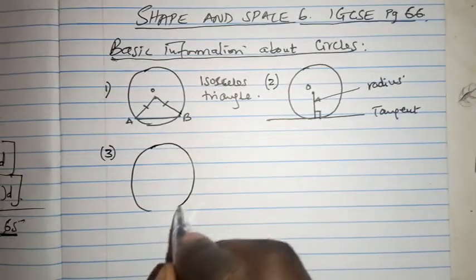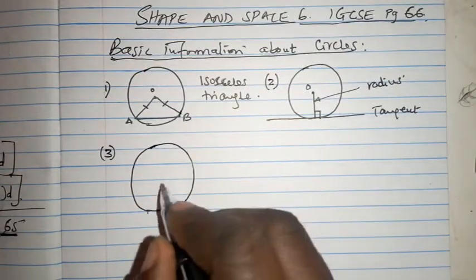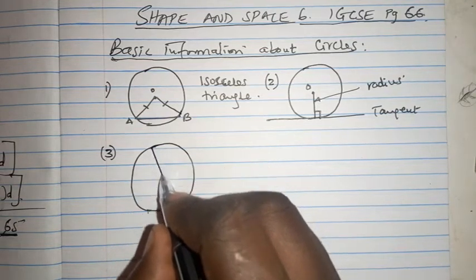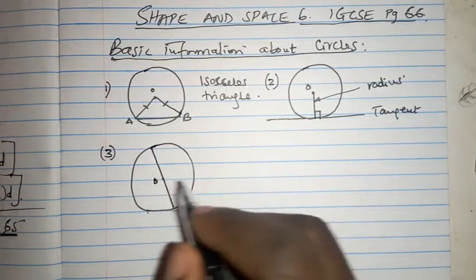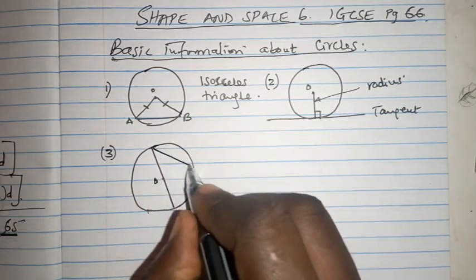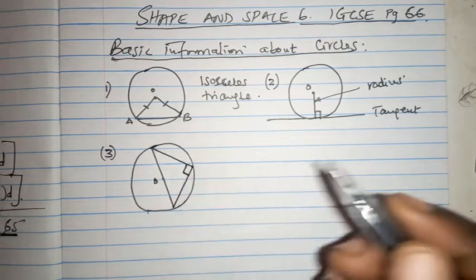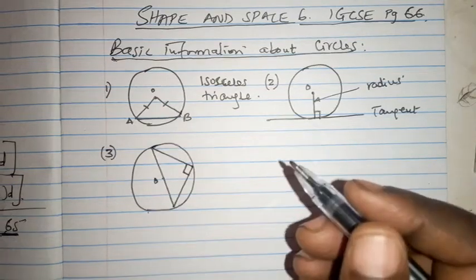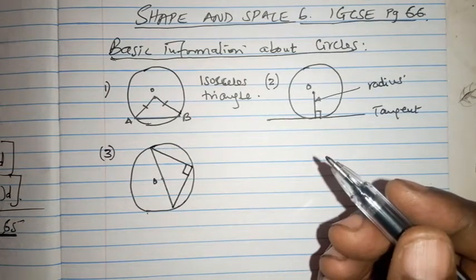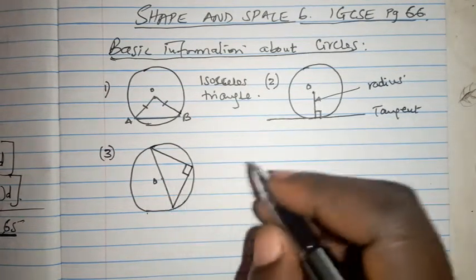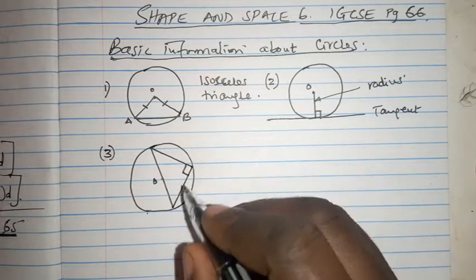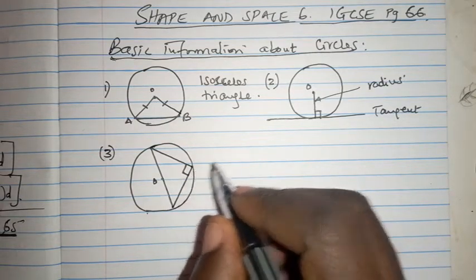And you're going to fact number 3. If you happen to have a circle, and that circle is having a diameter passing through O, that diameter subtends an angle on the circumference, then this angle is 90 degrees. A diameter subtends an angle of 90 degrees on the circumference.